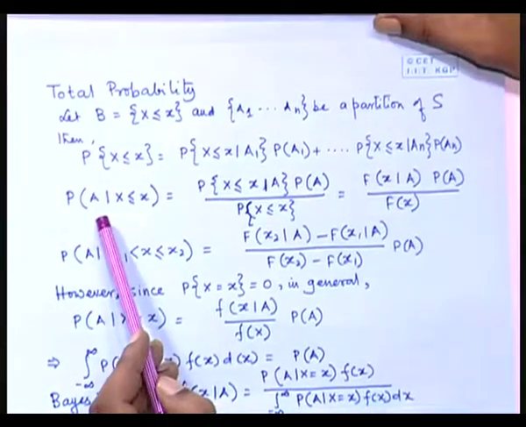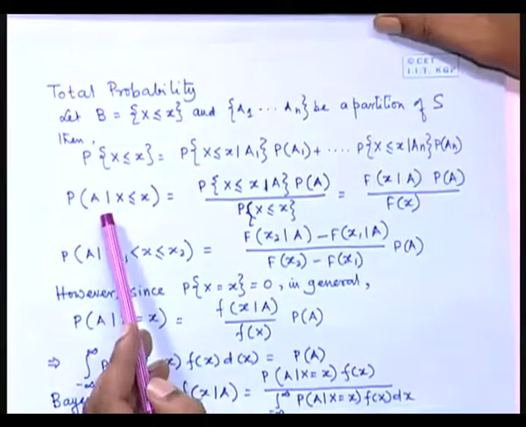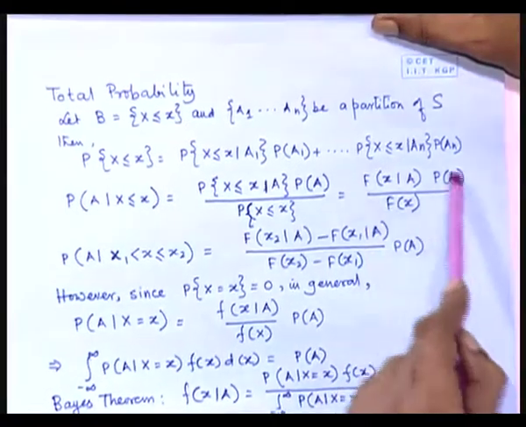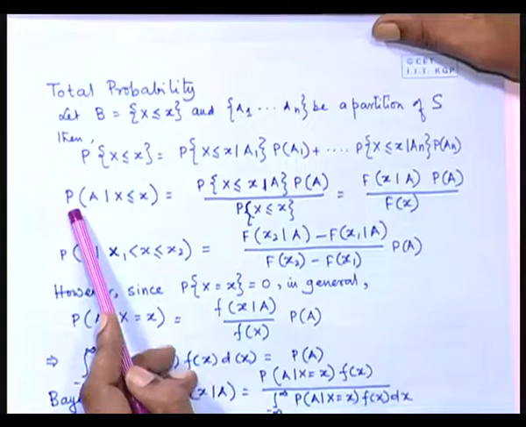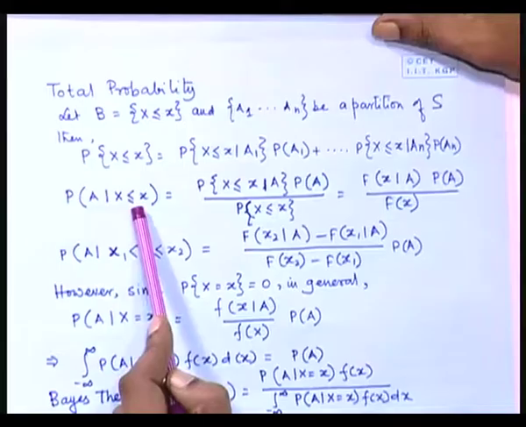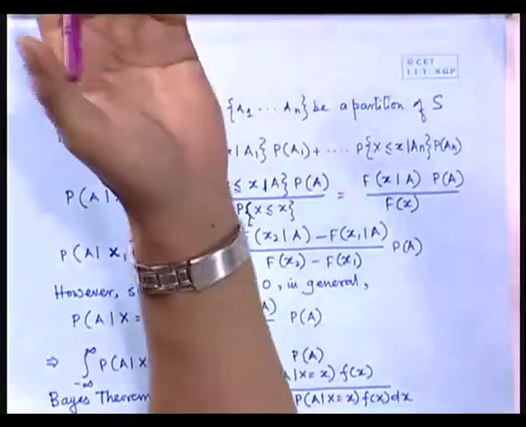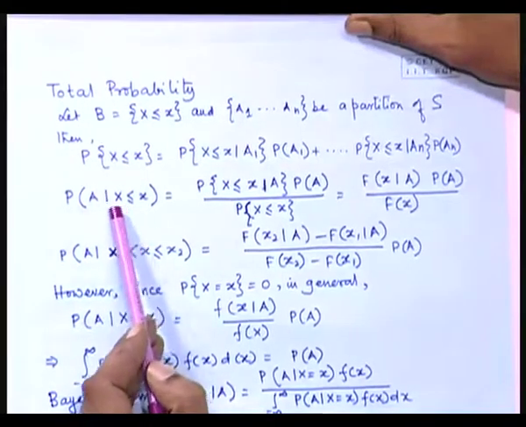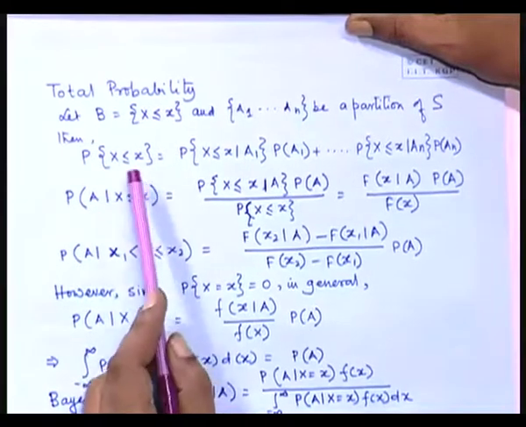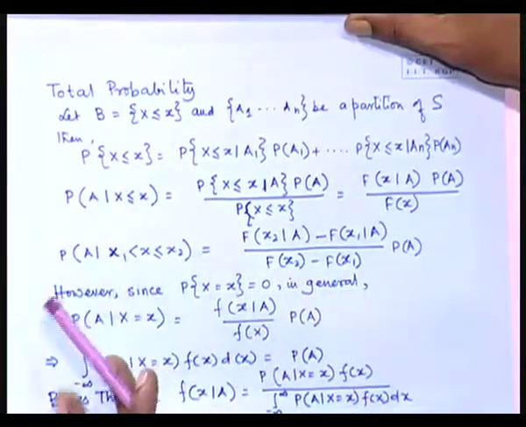So and again, this is my conditional probability statement. If I have this conditional probability, that probability of an event A given X less than or equal to x, okay, I am relating on both sides. Basically we are talking about probability of an event A given another event B. So sometimes I am putting what is given in terms of the random variable, sometimes I am evaluating the probability given some other event, both you can do.